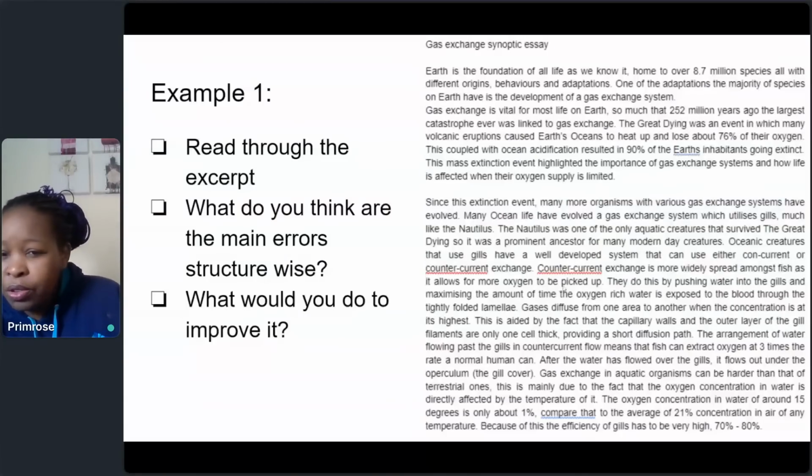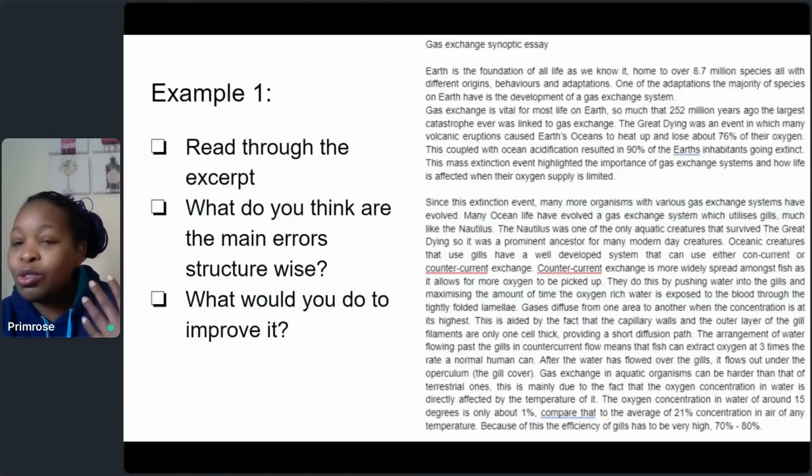It allows for more oxygen to be picked up. That's where they should have said why that's important. So they should have really expanded on what they meant by that and what would happen if countercurrent exchange system didn't occur. But they've described the process in too much detail as well.